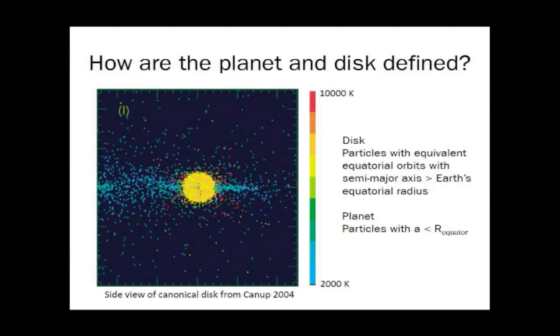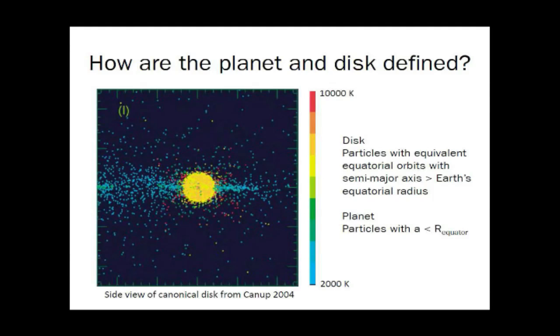And the particles in orbit are determined by instantaneously cooling them onto equatorial orbits, and whatever doesn't intersect the planet and has an orbit with a semi-major axis larger than the radius of the planet we call disk, and whatever intersects the planet we call planet.